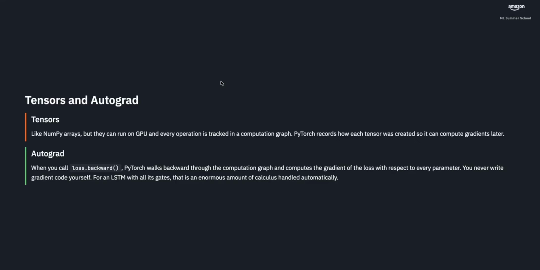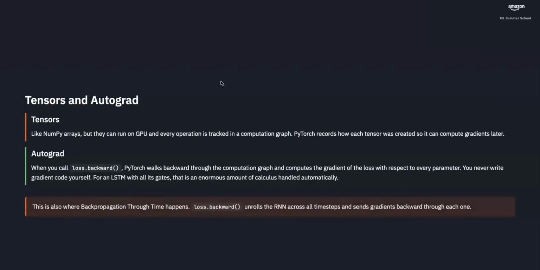This is also where backpropagation through time happens. loss.backward unrolls the RNN across all time steps and sends gradients backward through each one. So tensors hold your data and autograd computes your gradients. These two together mean you can build any computation and PyTorch will figure out how to train it.